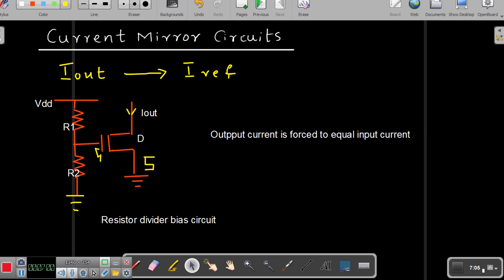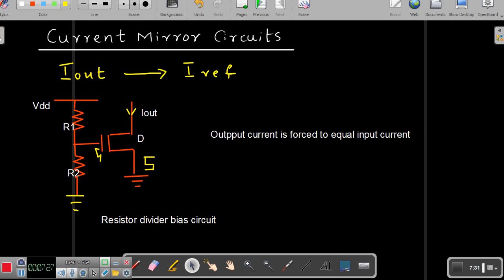So what exactly is the meaning of resistor divider bias circuit? Now I have VDD here, and I have one MOS device whose output current, suppose this MOS device is not connected to the resistor divider circuit.